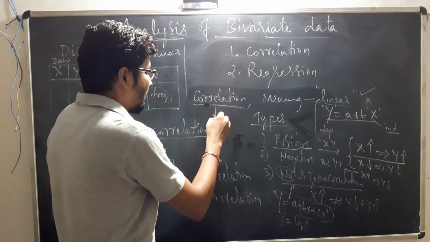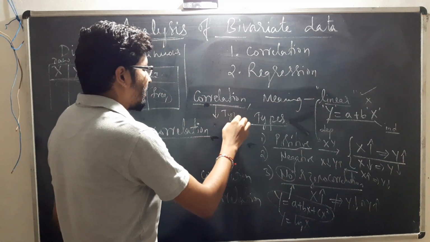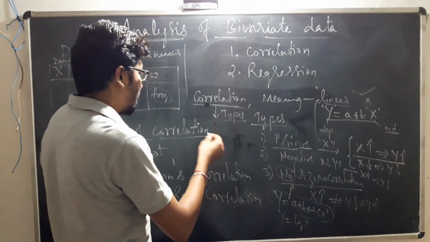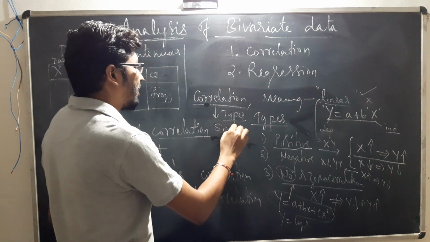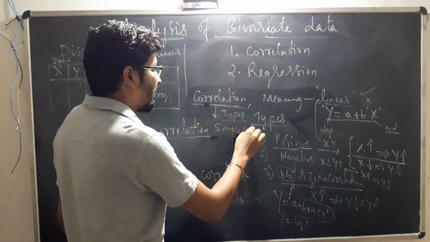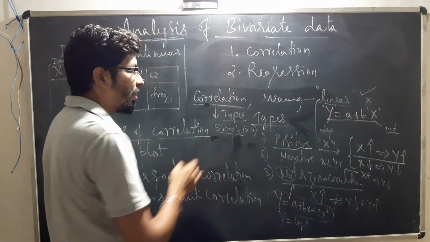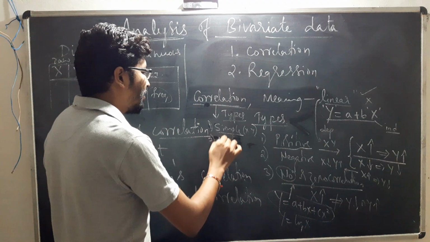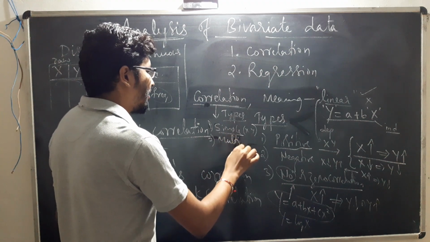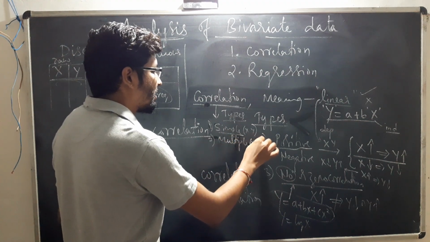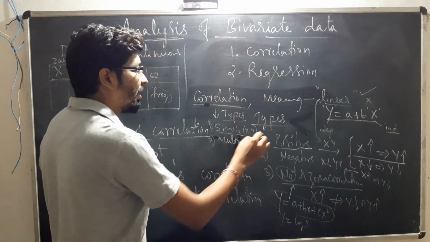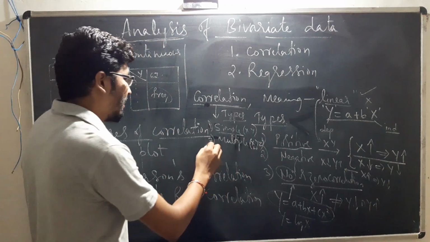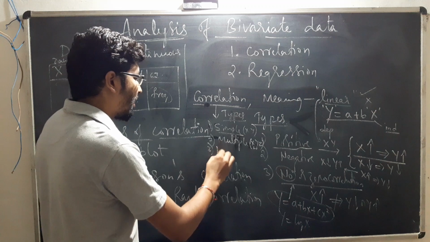Again, we could categorize correlation based on the number of variables. If you are talking about correlation between only two variables x and y, then the correlation is said to be simple correlation. If you are talking about more than two variables, then we say the correlation is multiple correlation. Say you have three variables x, y, z, or four variables w, x, y, z, then comes the concept of multiple correlation.